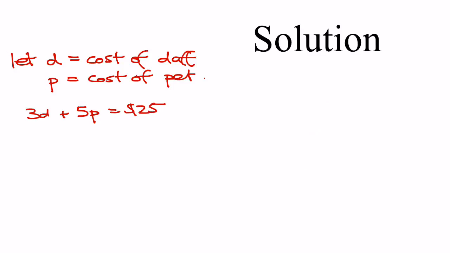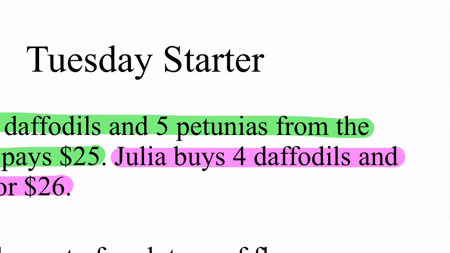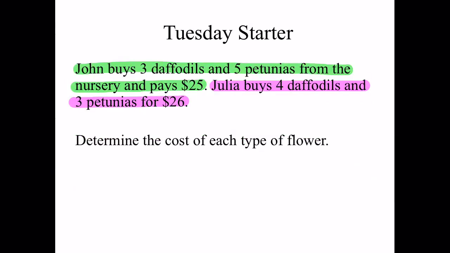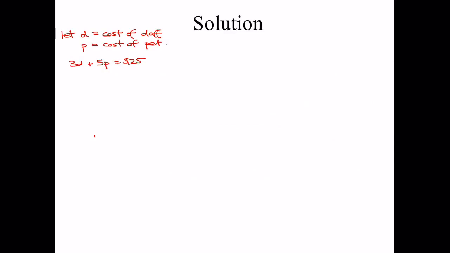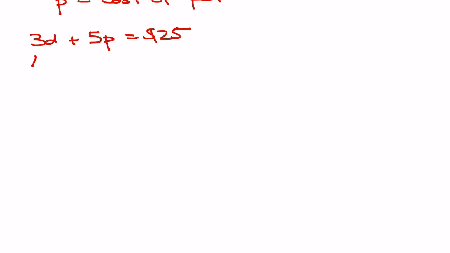And then Julia's information is that she buys 4 daffodils and 3 petunias for $26. So those are our equation 1 and 2.